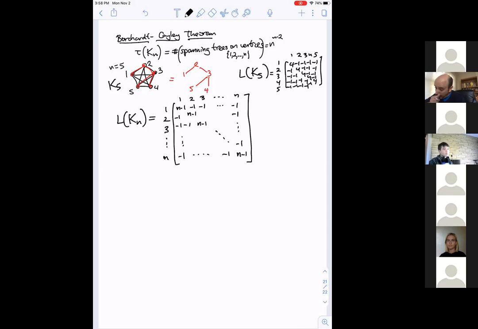And so let's figure out what the reduced Laplacian is. As you can see, it doesn't really matter which row and column I choose to reduce on. They all look the same. So no matter how I pick the vertex, it's going to look like this. You're going to have n minus 1s on the diagonal and minus 1s off the diagonal.